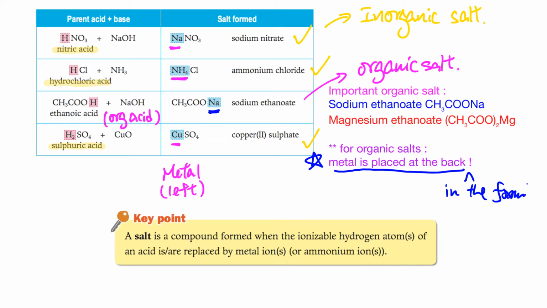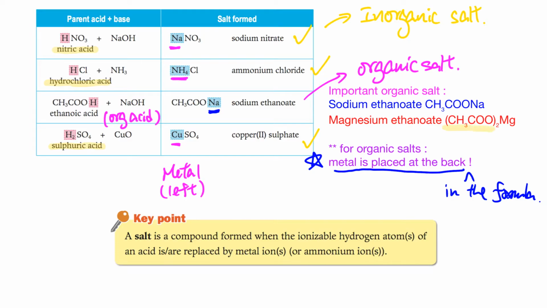So therefore some common organic salts that we'll come across, for example, we have sodium ethanoate. So the sodium will be at the back. Magnesium ethanoate. Ethanoate is one negative here, so magnesium is 2 positive. So you'll see that we will multiply this one by 2, but the magnesium is still placed at the back.